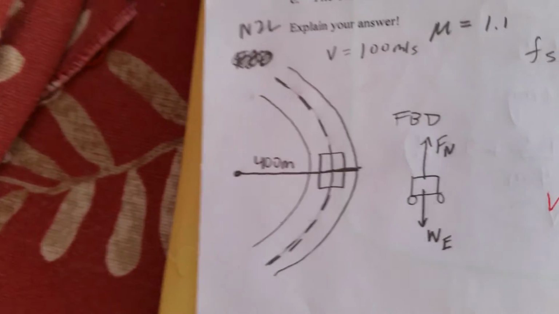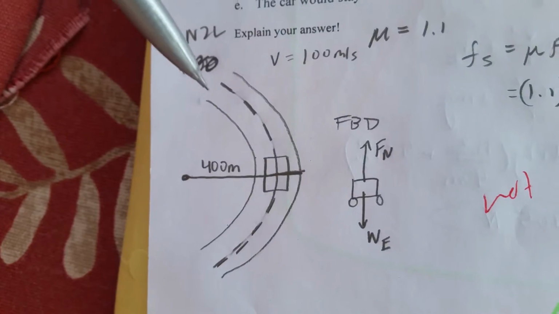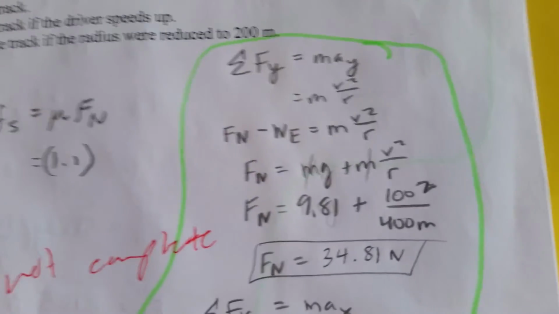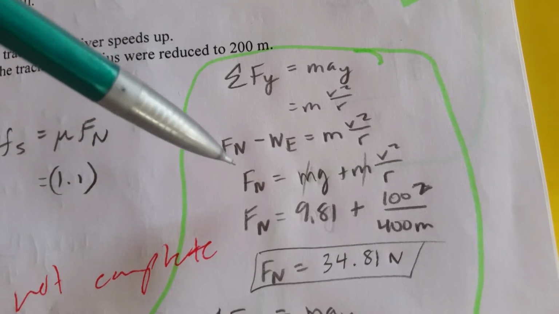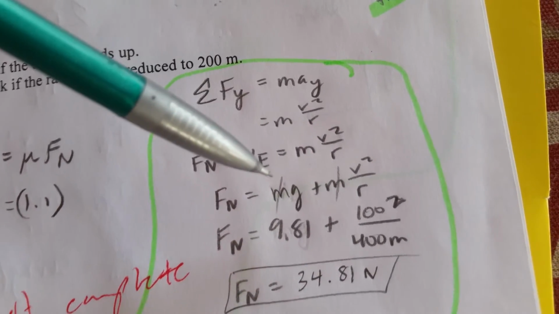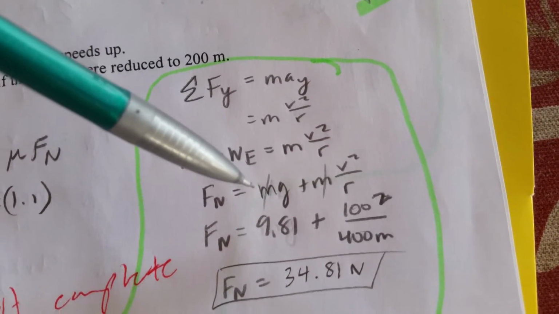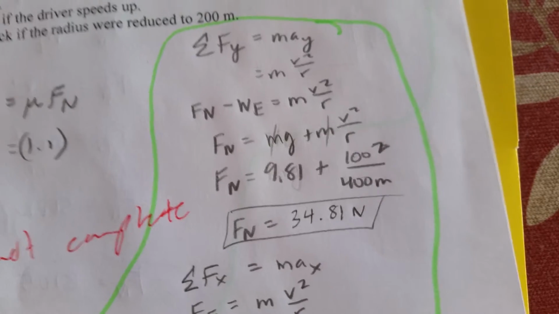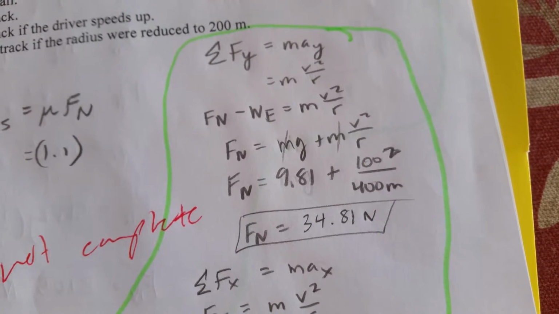And then it's going around this circular half circle turn. So once you bring the weight over, you can take out the mass. You can take it out in front. I actually think I should have left the mass in there now that I'm looking at it.